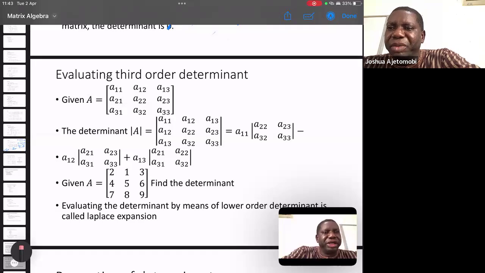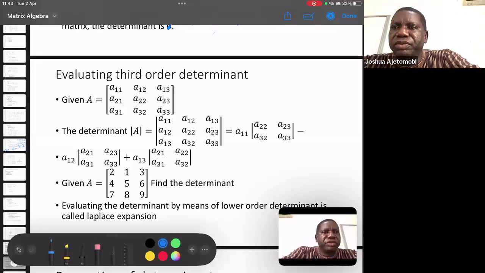Let me take it slowly so that you get it. Let's say I want to use this first row, A11, A12. This row. I want to use this one.